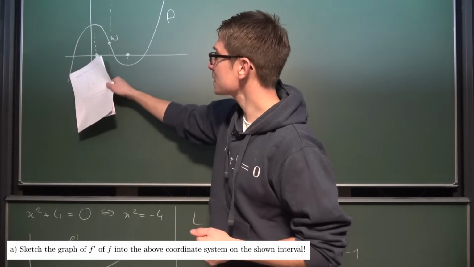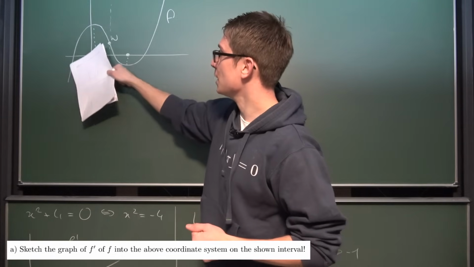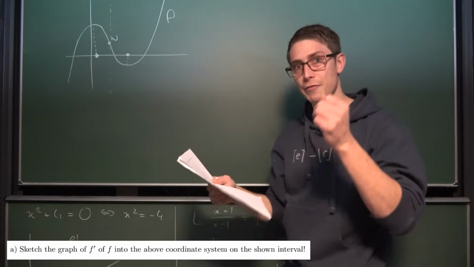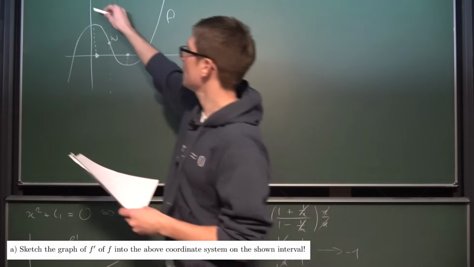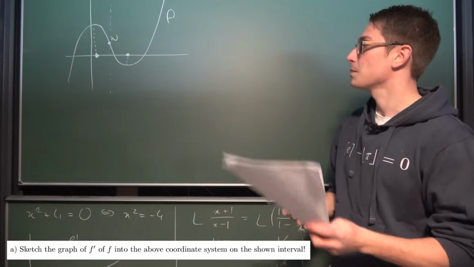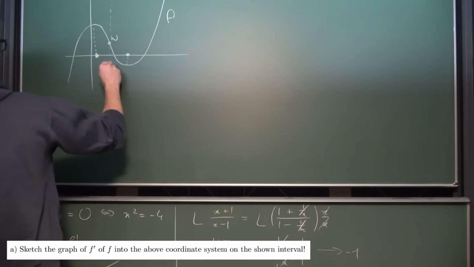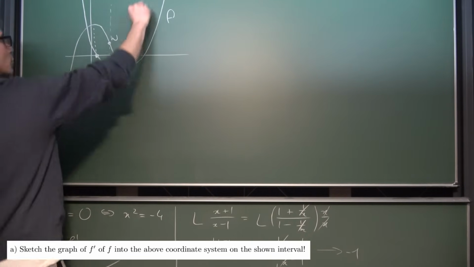Up until this extremum, this first one right here, this maximum, we have an increasing function. If we have an increasing function, that means the derivative is always going to be in the positive y values at first. This is what we are going to get. Meaning, our graph would probably look something like this. Something of that sort.